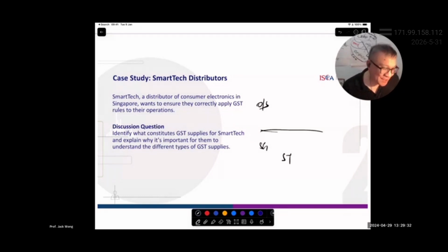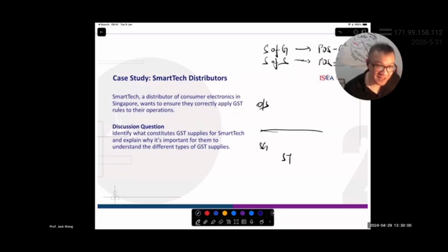Now, it is a distributor of consumer electronics. So prima facie, you may think that there are two types of supply here. One is supply of goods, SOG, the other is supply of services, SOS. Okay, and like I said in the previous diagram, the determination of whether the supply is a supply of goods versus a service will lead to the different application of the place of supply rules for goods and services.